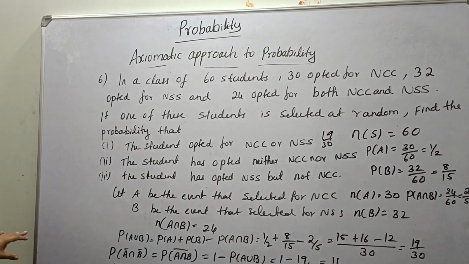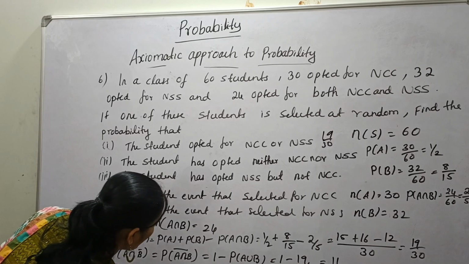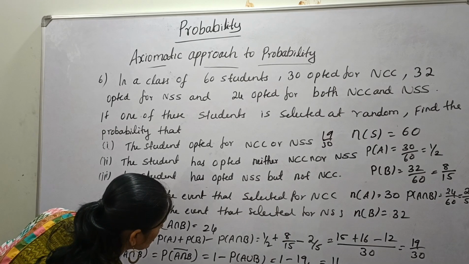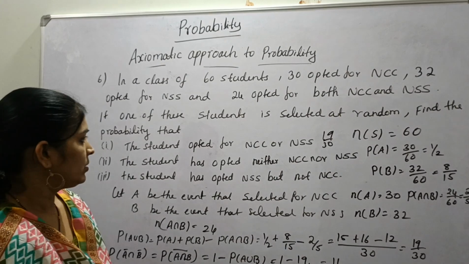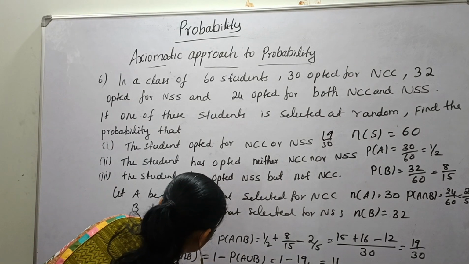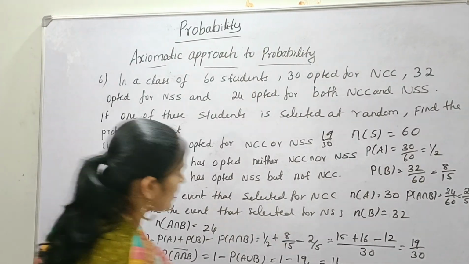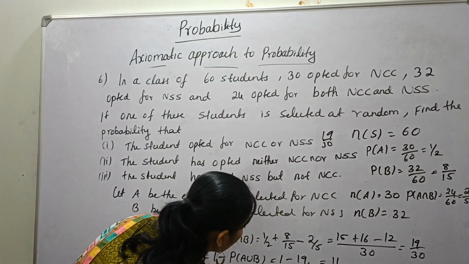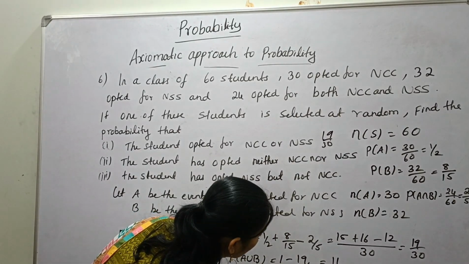That is nothing but probability of B minus probability of A intersection B. Probability of B is 8 by 15 minus probability of A intersection B is 2 by 5.